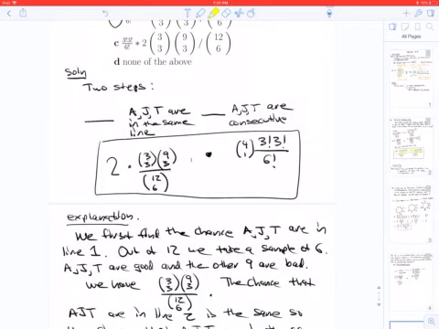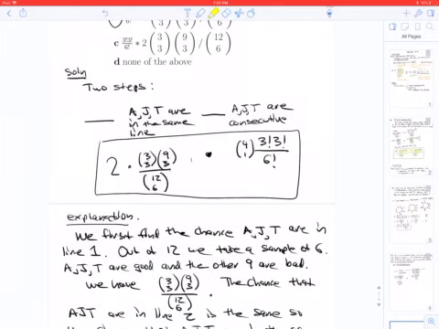So now let's find, assuming that Adam, Jess, and Tom are in the same line, that they are consecutive. Well, this is similar to the previous problem. I have the 6 people using the slot method. So I'm going to assume that Adam, Jess, and Tom come first.